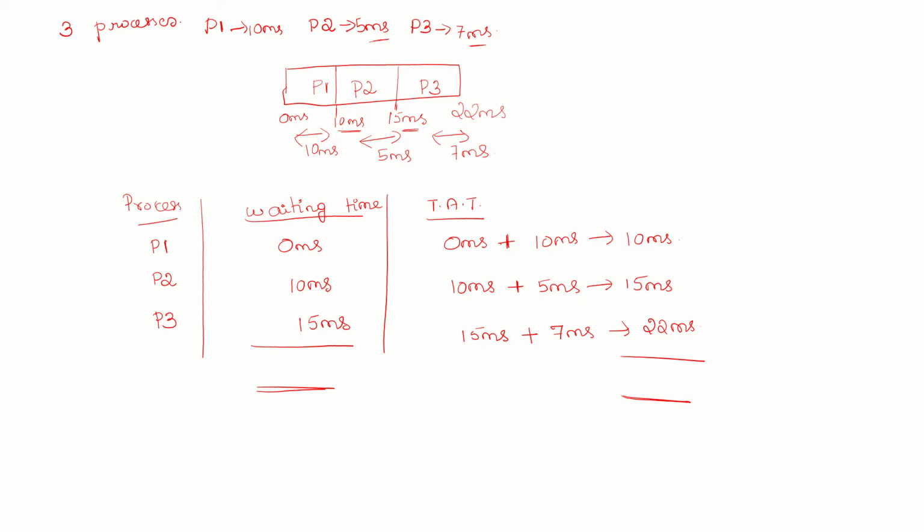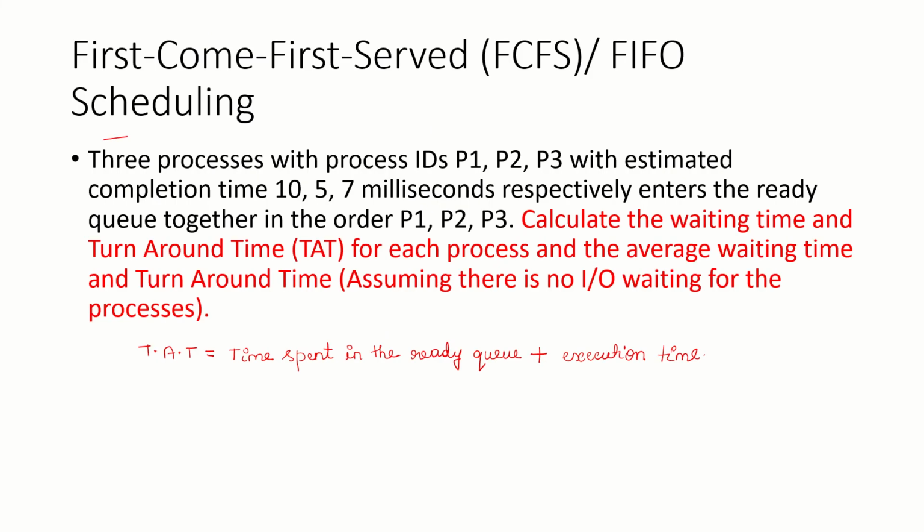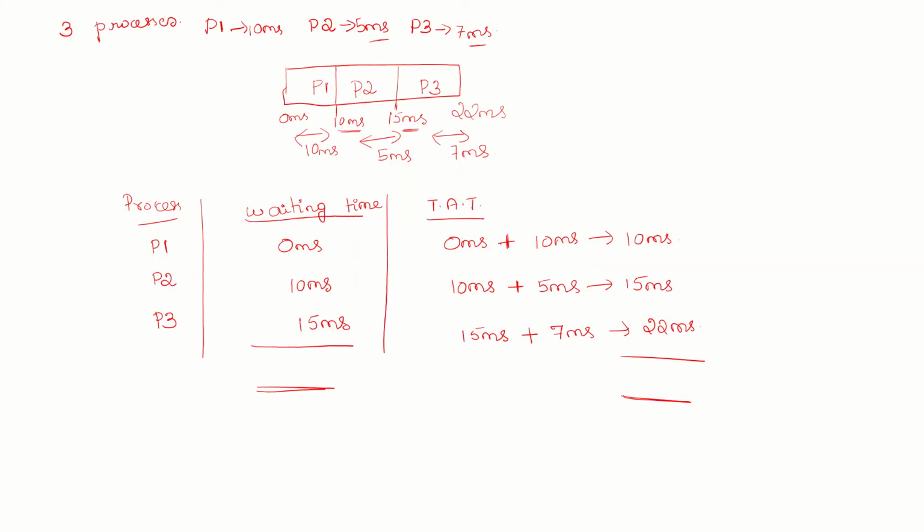Now, what was the question? We have to calculate the average waiting time and the average turnaround time. Since you have three values for the waiting time, the average will be 0 plus 10 plus 15, all divided by 3.